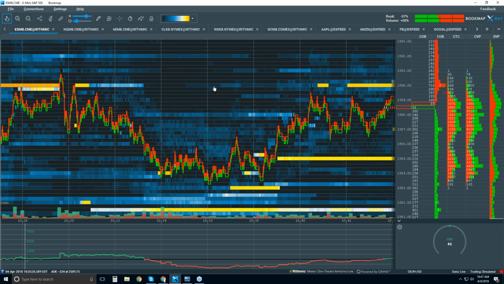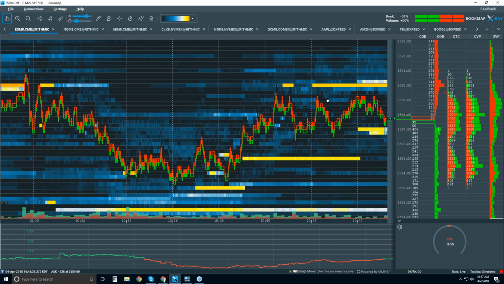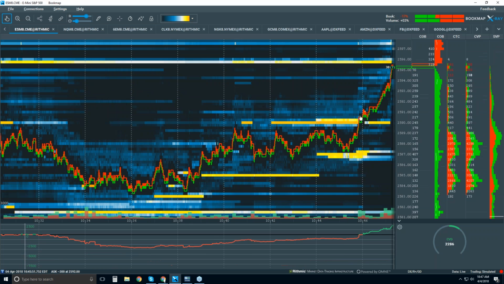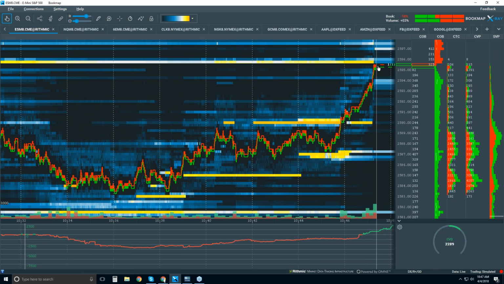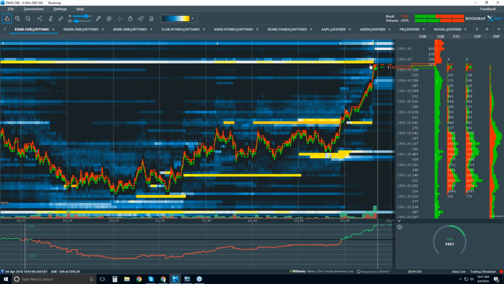So now we're identifying where this has the potential to go, understanding the auction here on the sell side. Let's see. It looks like we come up here and trade into them, and it looks like we've continued on up. A real nice rally here to the upside.